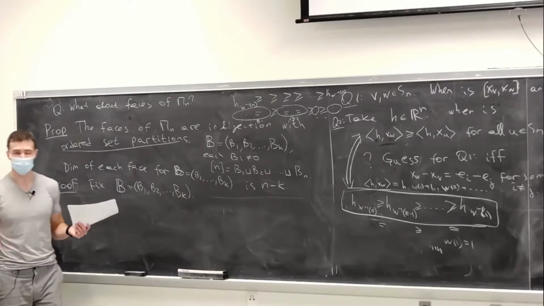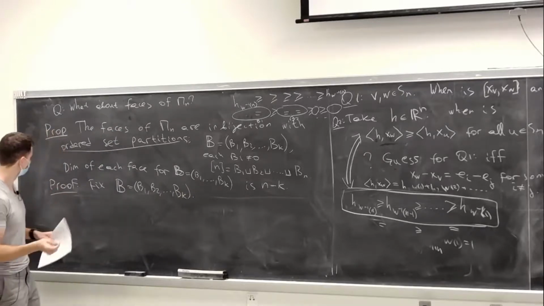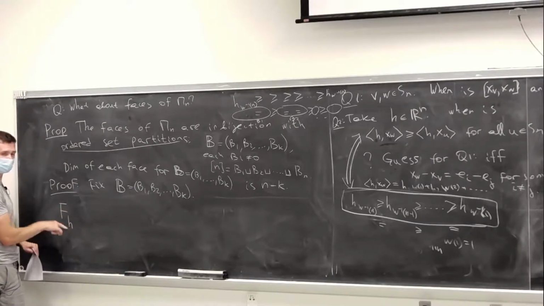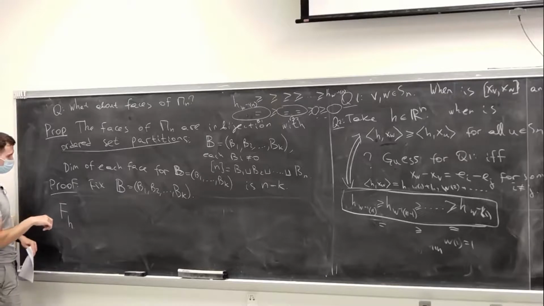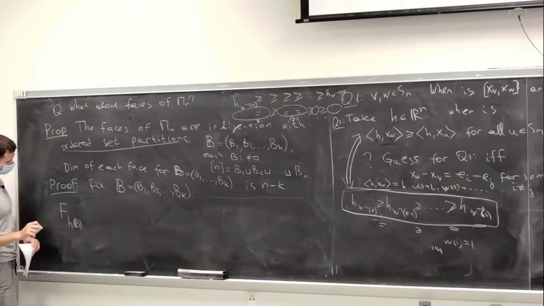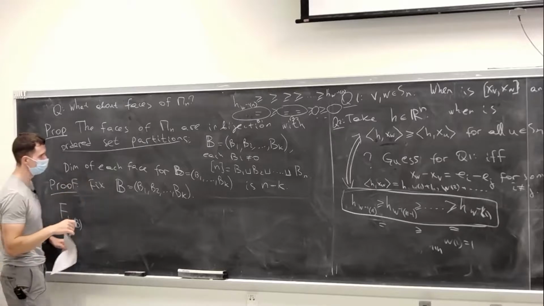And as we know, phases are given. So I want to find a phase of the form f sub h, where h is a vector. I want to find some vector h, which depends on my partition, such that the corresponding phase is somehow in bijection with this partition.